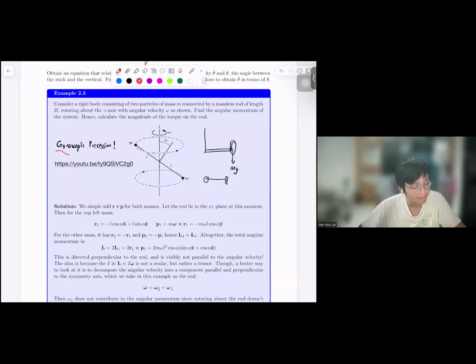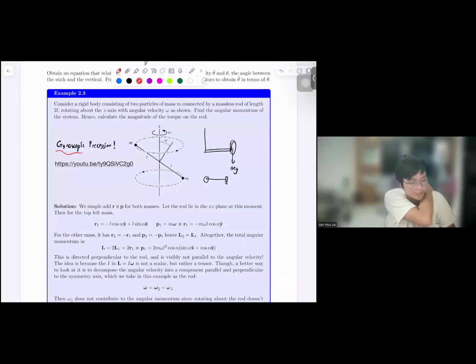Myself, to be honest, I struggled with this in year one of university physics. Why are we talking about the gyroscope? How does a gyroscope work in the physics way?